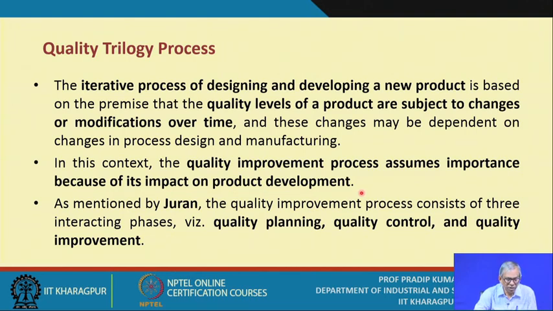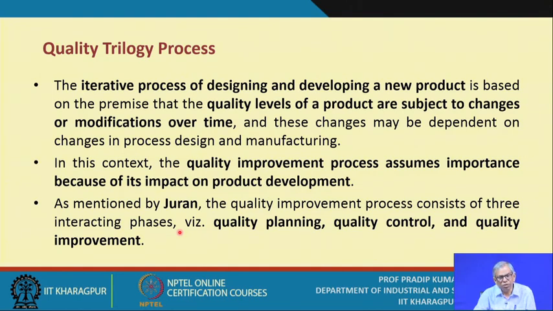As per Juran, one of the quality gurus, this quality improvement process consists of three interacting phases. I have already mentioned the three phases, and that's why it is called the quality trilogy process. First one is quality planning. Then you go for quality control against given specifications or standards.